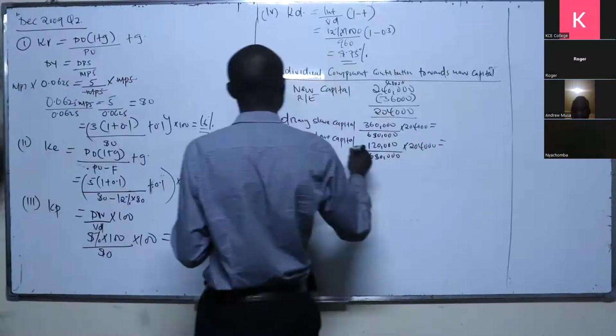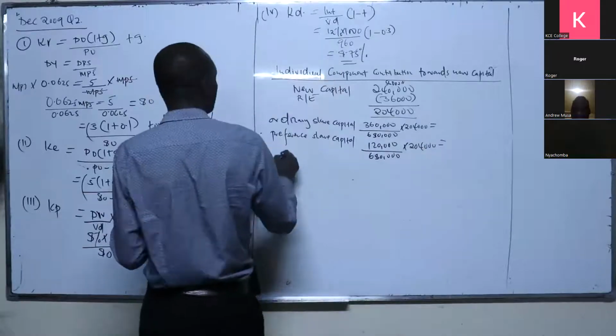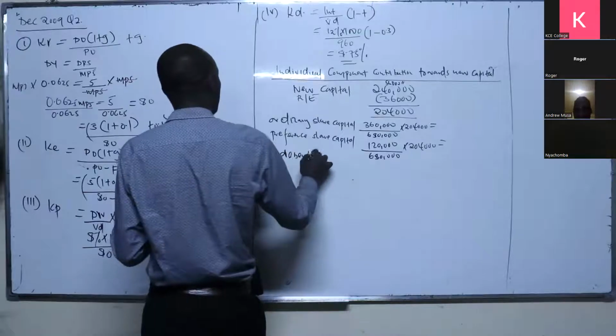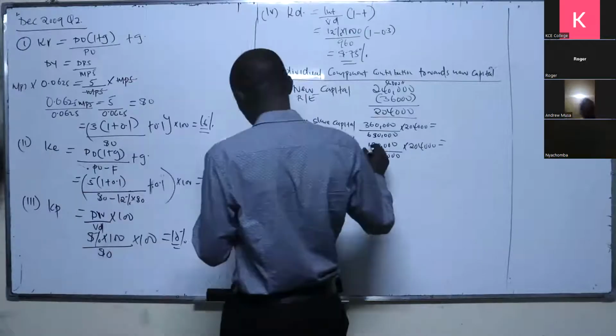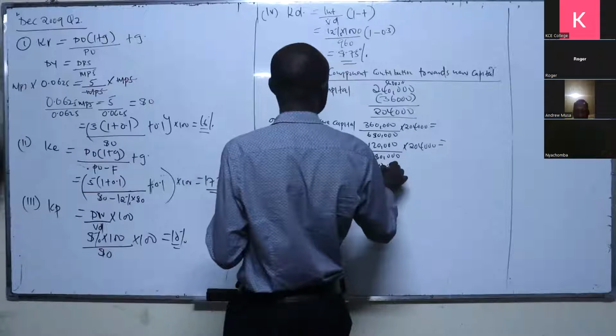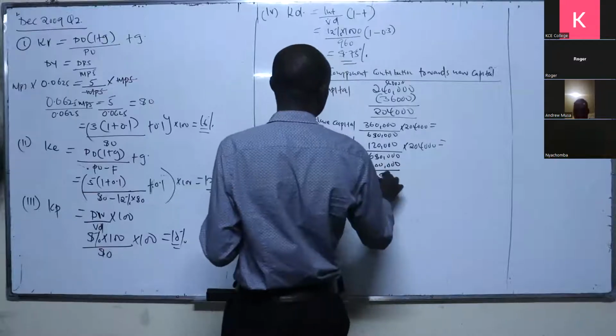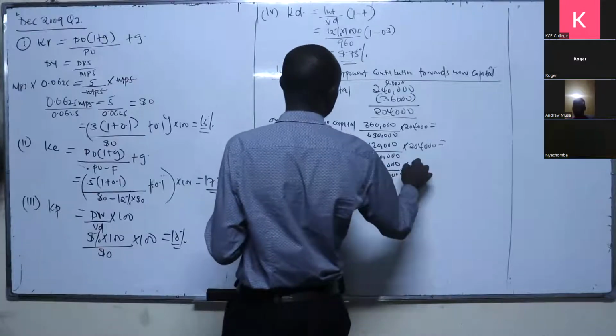And then we have debentures. Debentures is going to contribute 200,000 over 680,000 times 204,000.